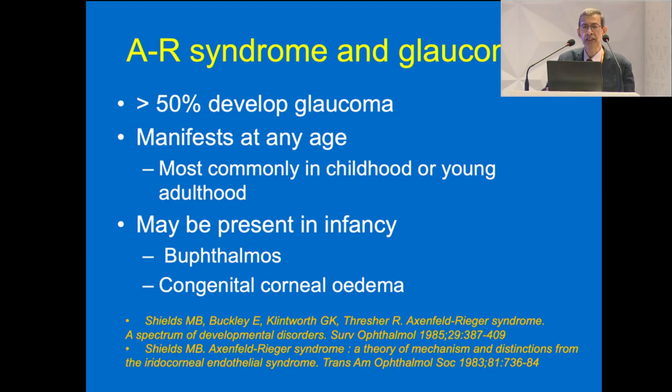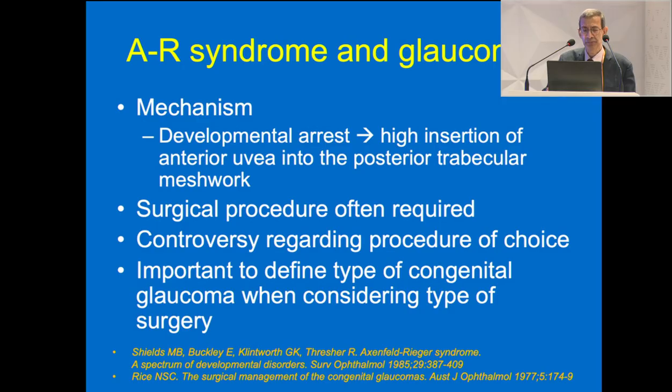And if you see carefully, you can see the additional changes or manifestations in the periphery of the cornea, and on gonioscopy, the typical change. The mechanism, in addition to what happens in primary congenital glaucoma, is the iris strand. When presenting at birth, usually early surgery is required, and the surgical outcome is poorer compared to patients with primary congenital glaucoma.